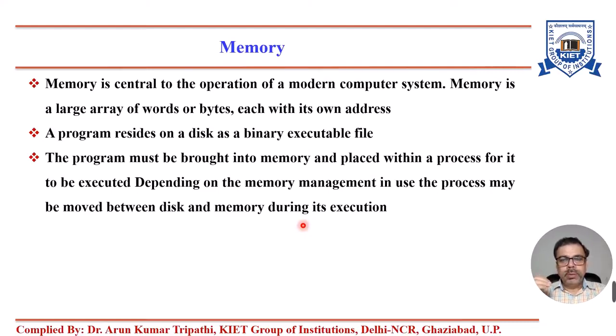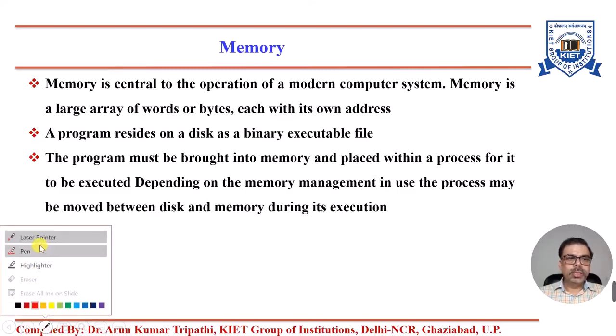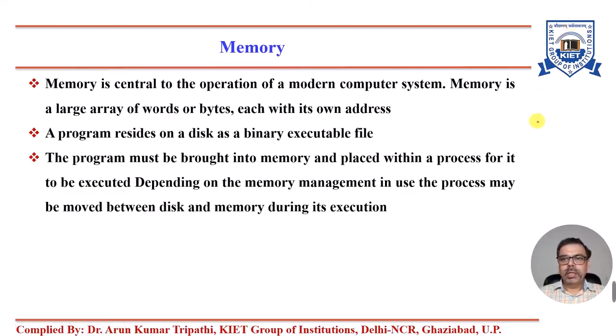Primary memory basically has a minimum of two parts. The first part is for the operating system and the second part for the processes. So if this is our memory, this part is allocated to the operating system and the rest for the processes.